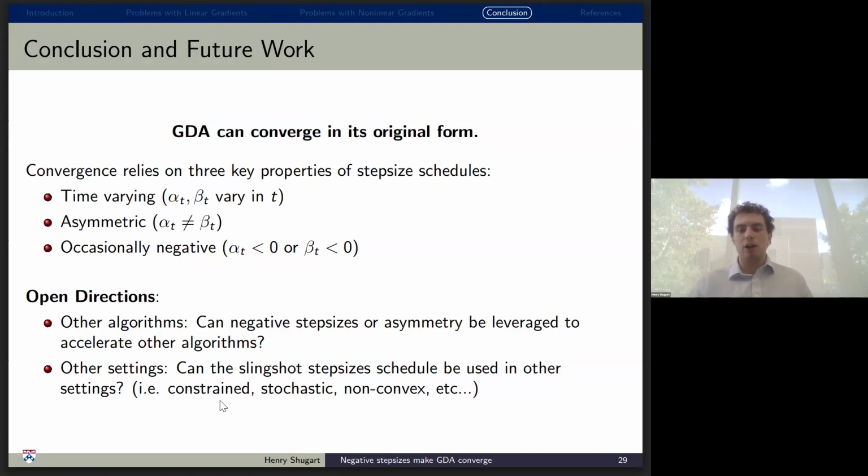In stochastic or non-convex, non-concave settings, these might be necessary to prove convergence or to improve convergence for GANs empirically. So analyzing slingshot step size schedules in these settings might also be interesting.